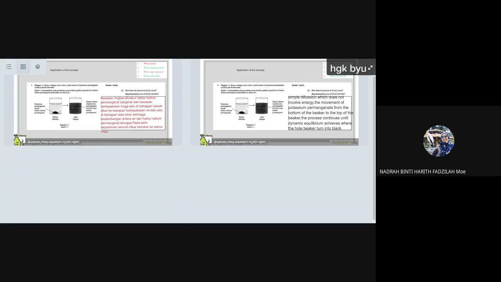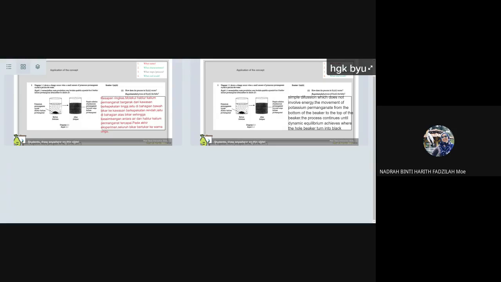Boleh terus update. Okay. Sekarang ni, untuk mereka yang masih lagi menyalin atau tengah update jawapan pada slide 16 ni, you have the time to do that. Okay, saya bawa pergi ke slide seterusnya ya. I give you another 1 minute.